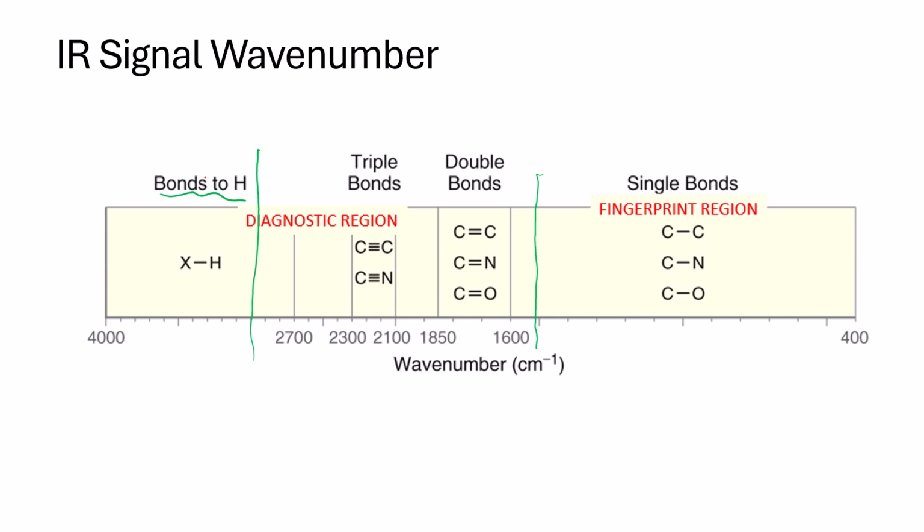Any hydrogen attached to carbon of different types, or to nitrogen, or to oxygen, is going to show up in this region for the bonds to H, and then we will have the region with the triple bonds and the double bonds. But we're going to see differences in both shape and intensity for all these bonds.